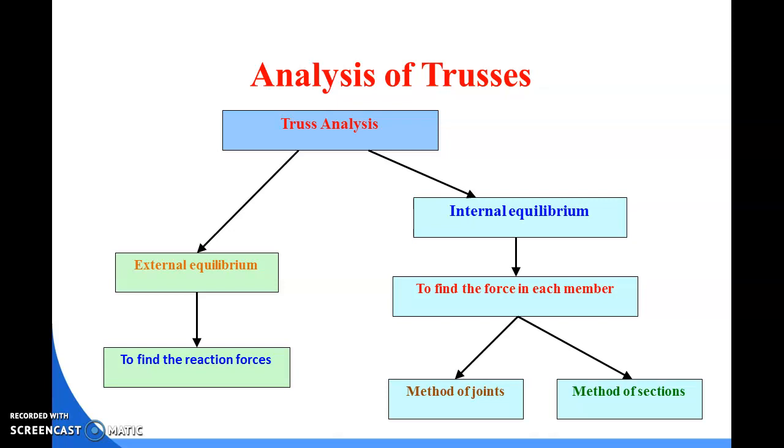Similarly, for internal analysis, we have to find out the value of forces in each member of the truss, and to find out these forces, we have two kinds of method. The first one is the method of joints and the second one is the method of section.